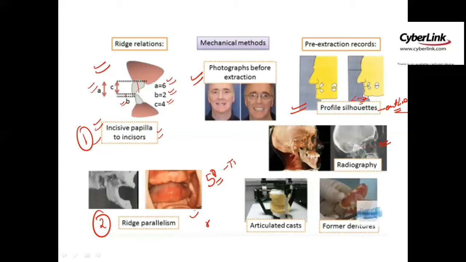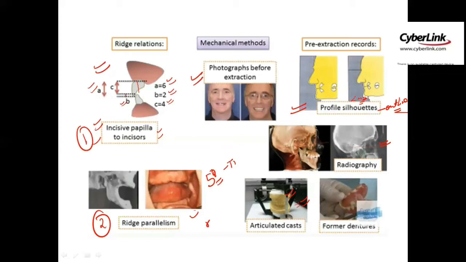Then come to your articulated cast. When the patient is dentulous, the maxillary cast is mounted in the articulator using a facebow transfer, which we have discussed already. An interocclusal record is made in the patient's mouth. The interocclusal record is used to articulate the mandibular cast with the maxillary cast. This is used as pre-extraction record.